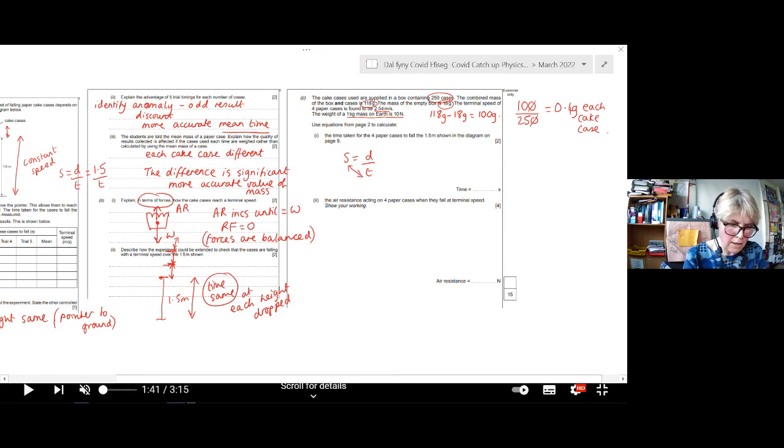Now, if you're doing higher, you're expected to be able to rearrange these equations. So time equals distance divided by speed, 1.5 divided by 2.54 equals 0.59. Pop the answer on the line, otherwise again they won't give you your mark if you don't put it on the line.